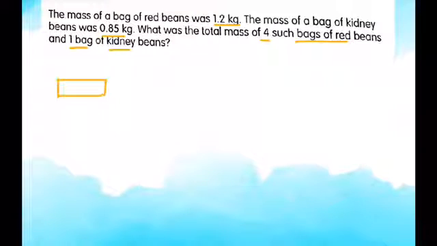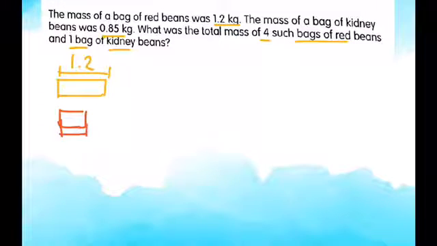So, do not forget to label your bar 1.2. I would also be drawing 0.85 kilograms, which is for the bag of kidney beans. 0.85 is less than 1.2, so I would want to draw a smaller one. I would have it separated so I can see the difference between the two.